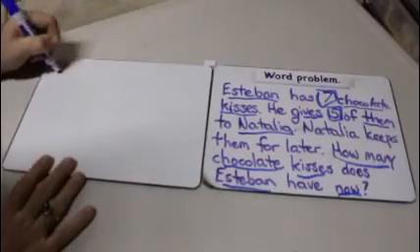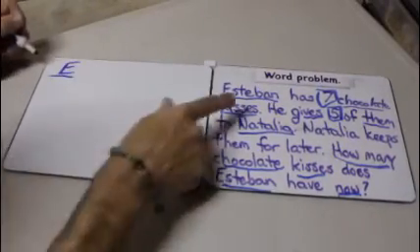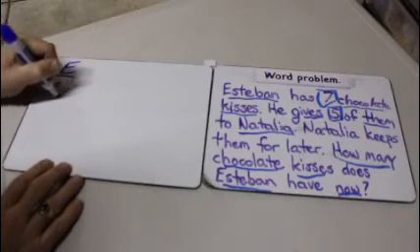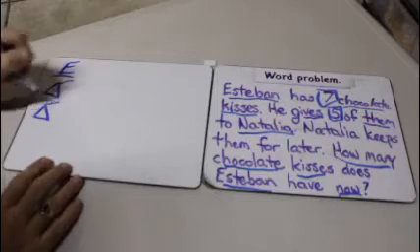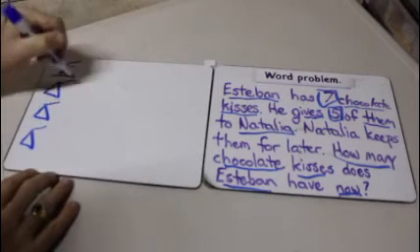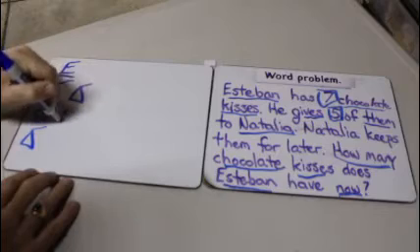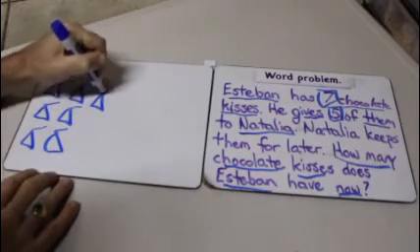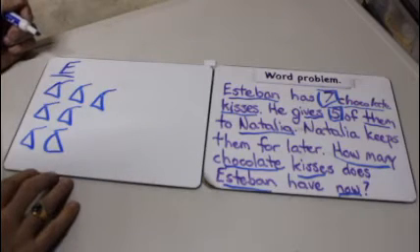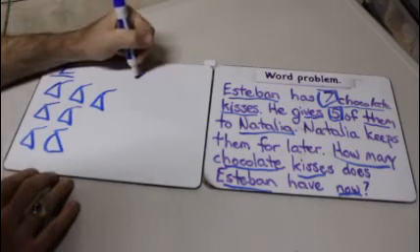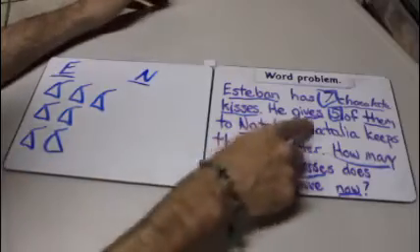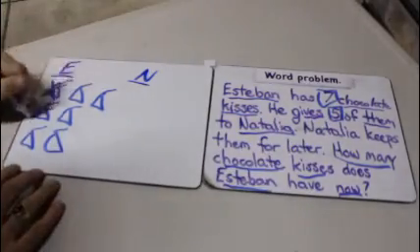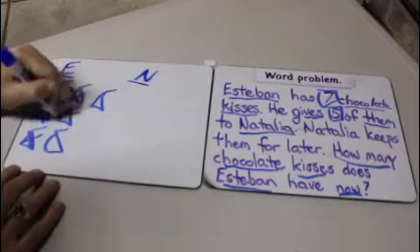We're going to start with Esteban. What did he start with? He started with 7 chocolate kisses. So 1, 2, 3, 4, 5, 6, 7. He's got his 7 chocolate kisses. Then Esteban gives 5 of them to Natalia. So if he gives them, he has to take those away. 1, 2, 3, 4, 5.